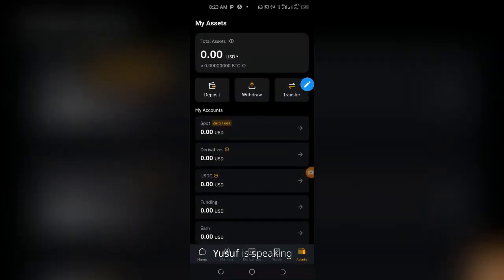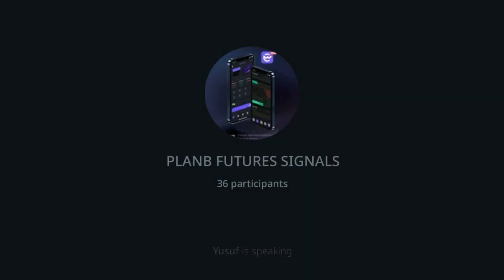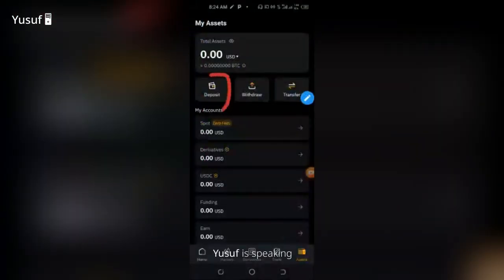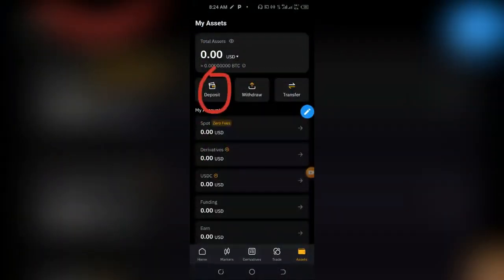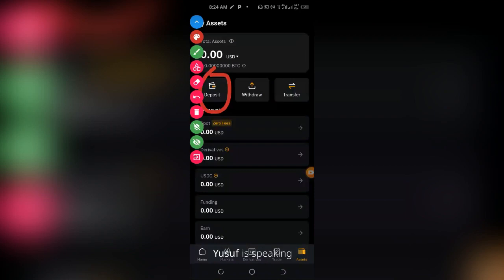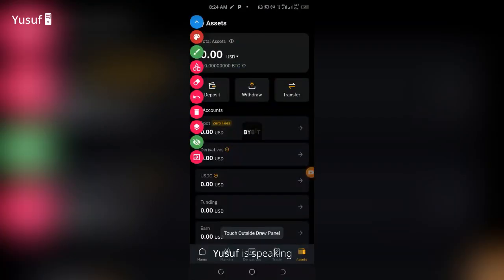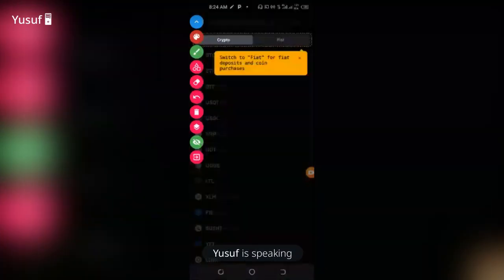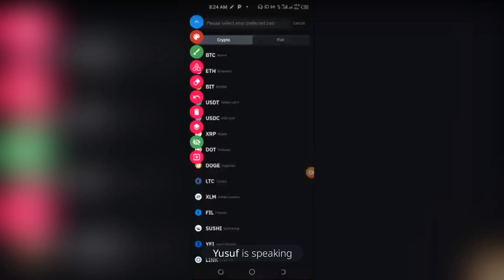So I'll just come and click on deposits. When I click on deposits, it will show here: switch to fiat, or deposit to a coin on purchase. I'll pick crypto. Then I'll come to search, to search which coin.